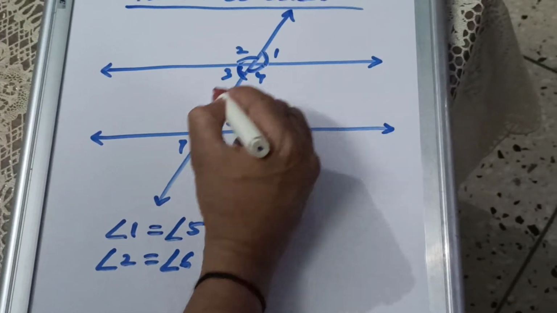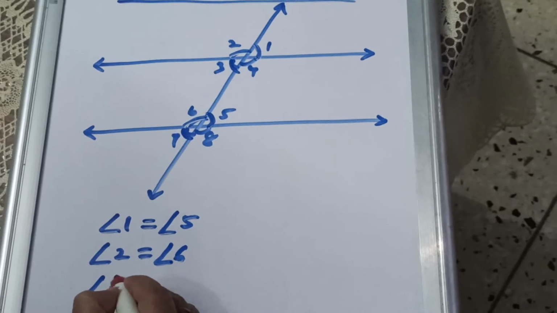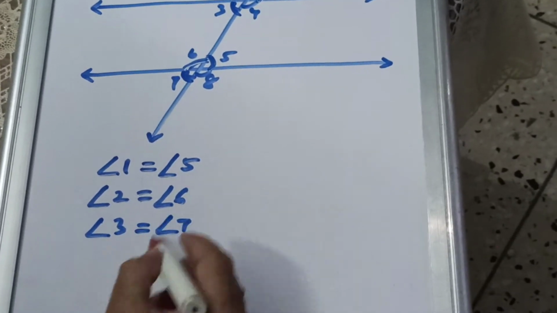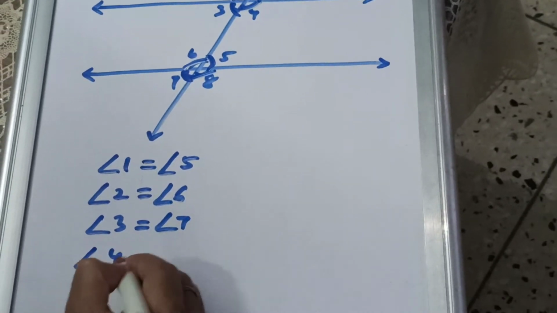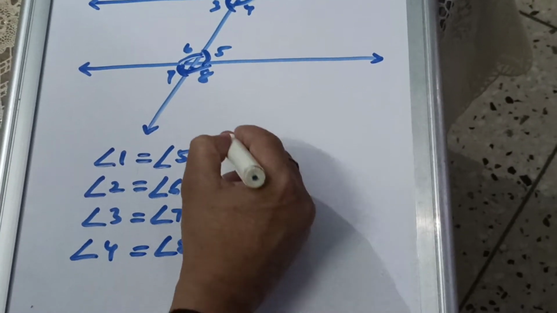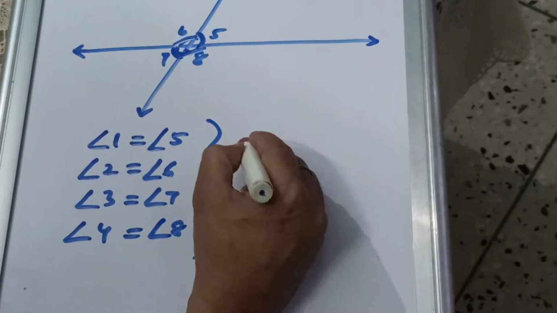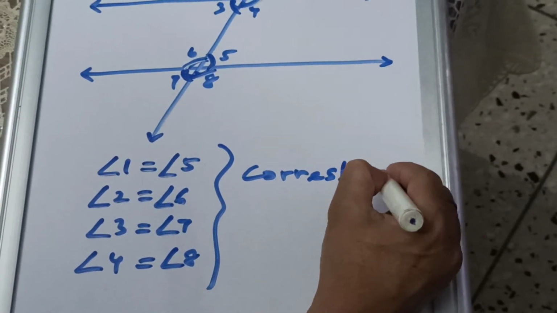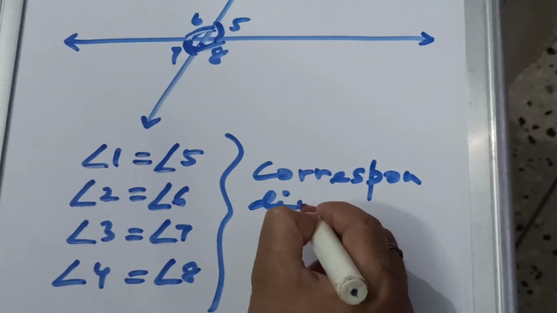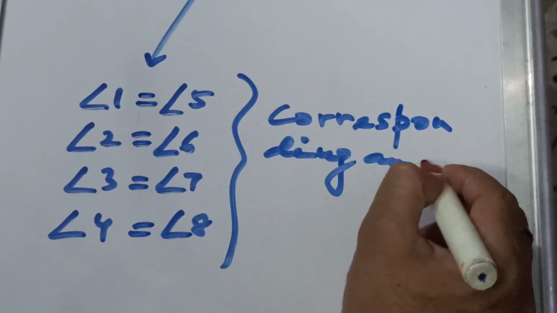Angle 3, angle 7. Angle 4, angle 8. It is known as corresponding angles.